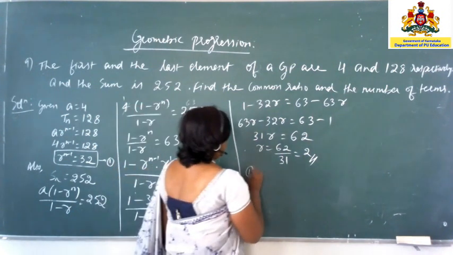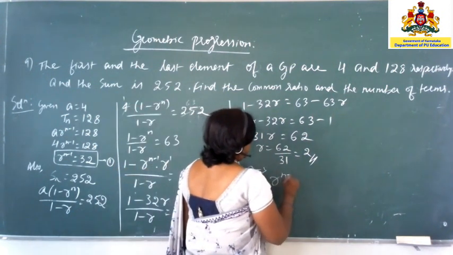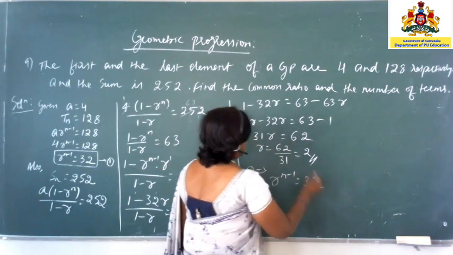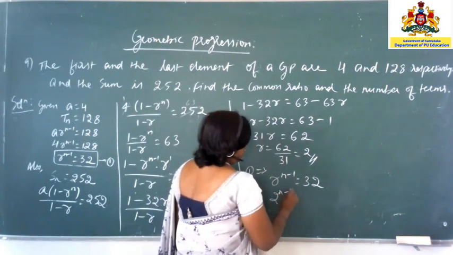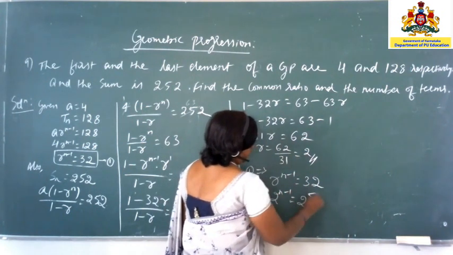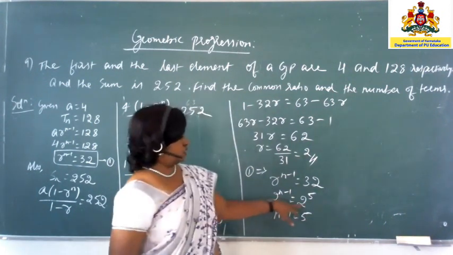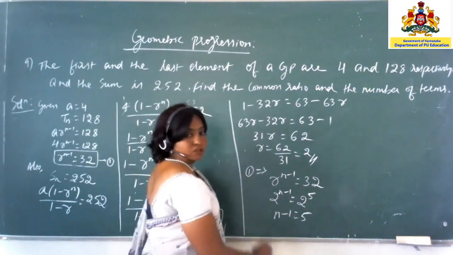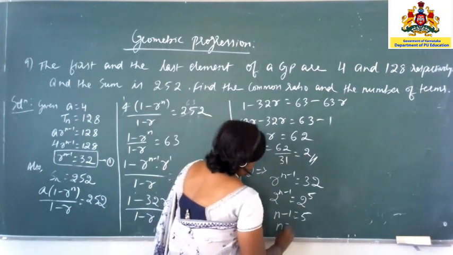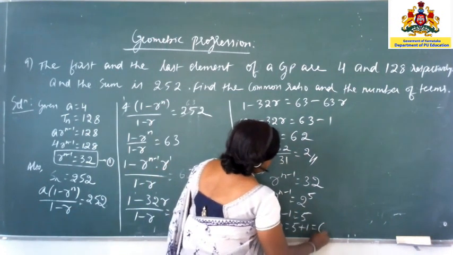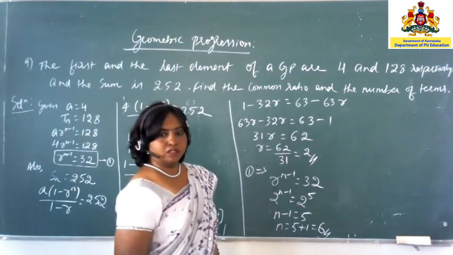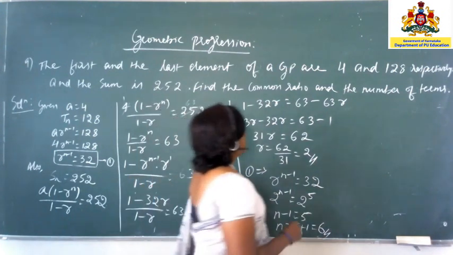From equation 1, r to the power of n minus 1 is equal to 32. So 2 to the power of n minus 1 is equal to 2 to the power of 5. Since the bases are same, powers will be equal. So n minus 1 is equal to 5, so n is equal to 5 plus 1, that is equal to 6. So what is the common ratio?